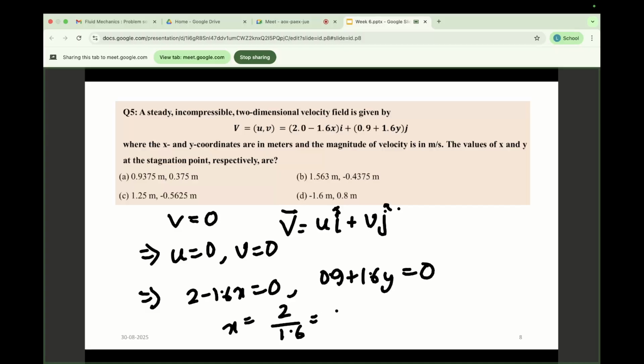So what exactly is it? Similarly, from here I can also find y, minus 0.9 by 1.6.